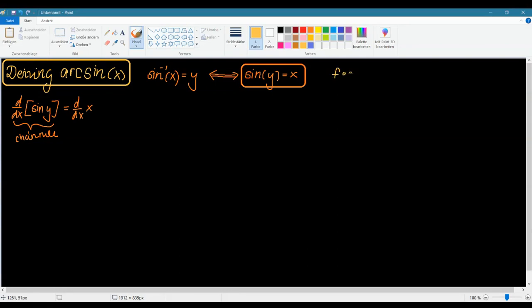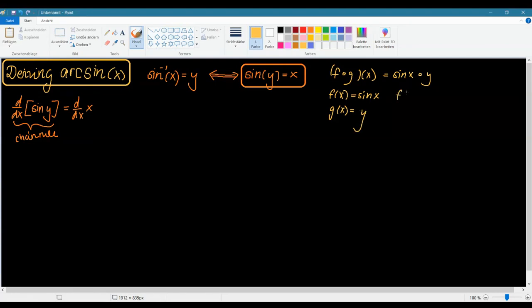F composed with g of x, in this case, is going to be sine x composed with y, which means that f of x is the outer function, sine x, and g of x is the inner function, y.